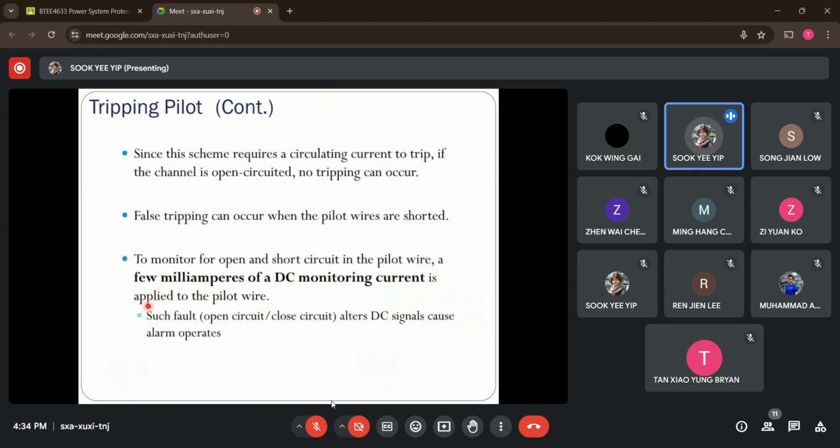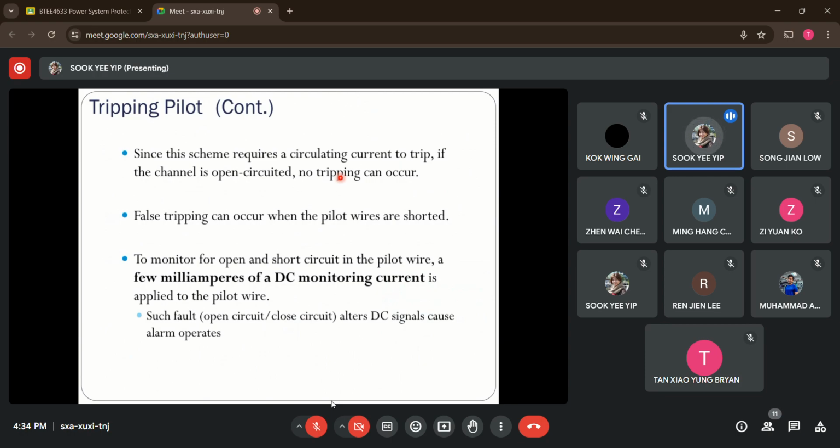Now there are some problems that we have to face if we are using the tripping pilot wire system, because this scheme needs the secondary current to trip the circuit if, let's say, we have an internal fault. But in the event the communication channel has some problem, for example an open circuit, under this situation no tripping will occur.